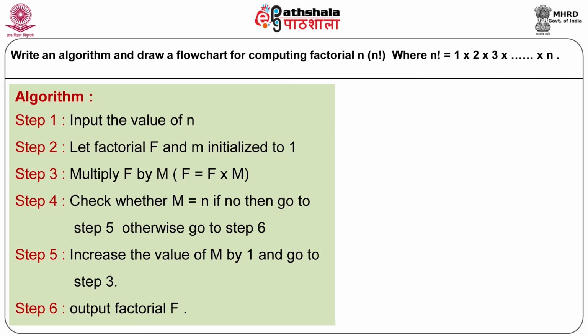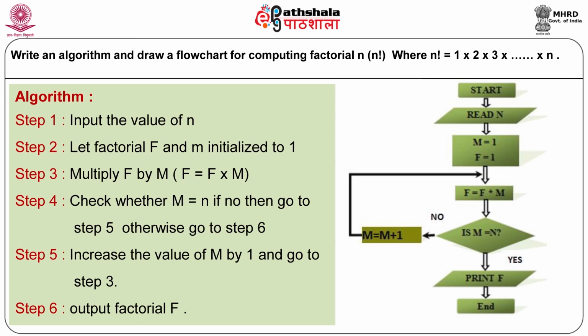Now what is the flowchart? You can see the same algorithm converted into the flowchart. You can see the different 6 steps. Input the value of n, that is given in the input block. In the process block, we have considered m equals 1, f equals 1, that is the initial values. Then the value of f is calculated, that is f equals f into m.